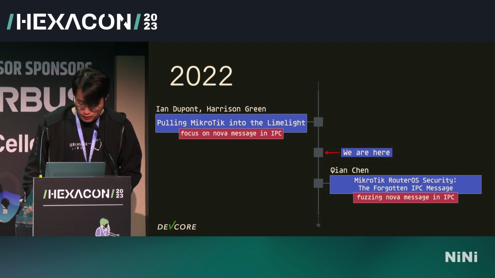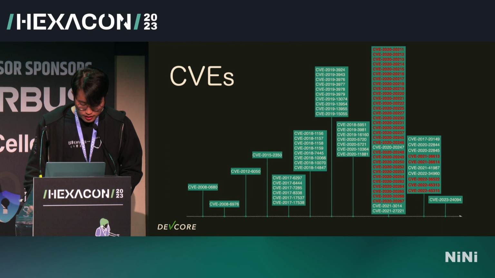The talk is about fuzzing the Nova message, and it turns out it found a lot of post-auth RCE. By the number of CVEs, it started from like CVE-2020-20211, so it has been fuzzed for a long time, maybe at least 2 years.